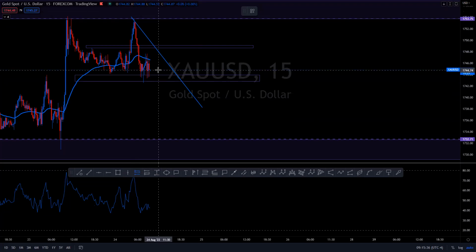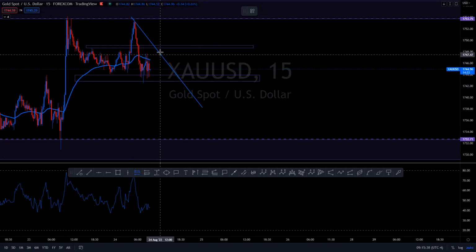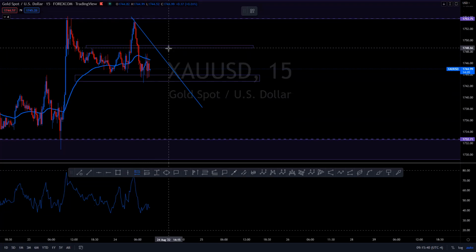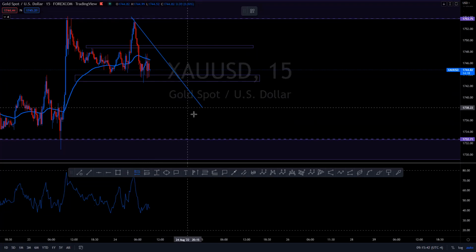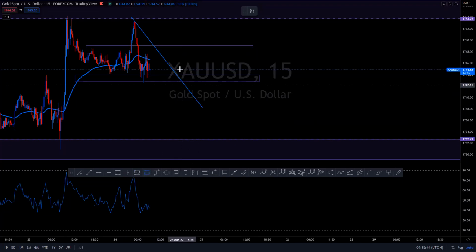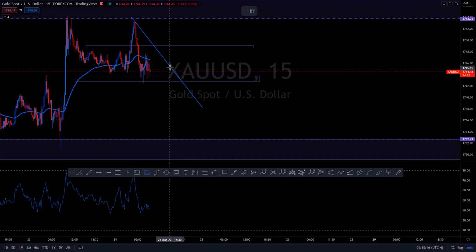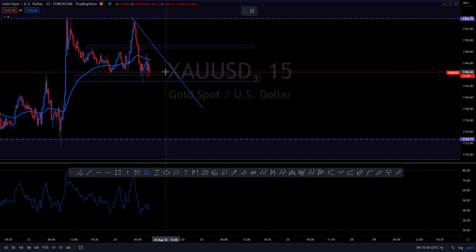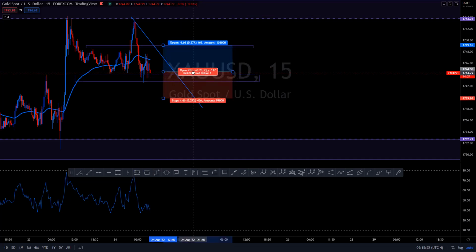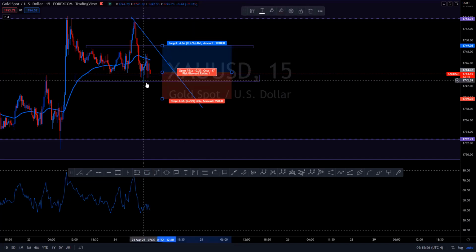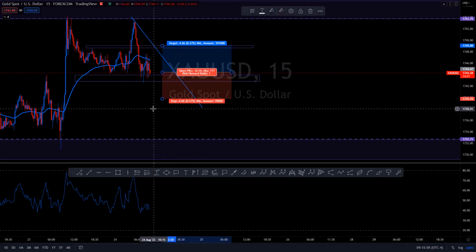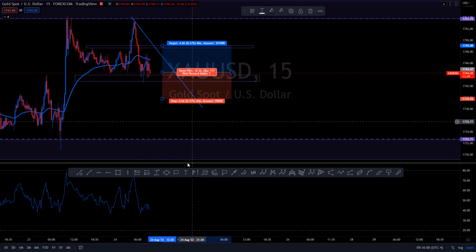So I'm thinking that price is probably going to come up and test this area again, buy up, and then come down. So I'm going to go for the buy at this point. Now I'll go for the sell if it closes below and hits here, but I'm going to go for the buy.